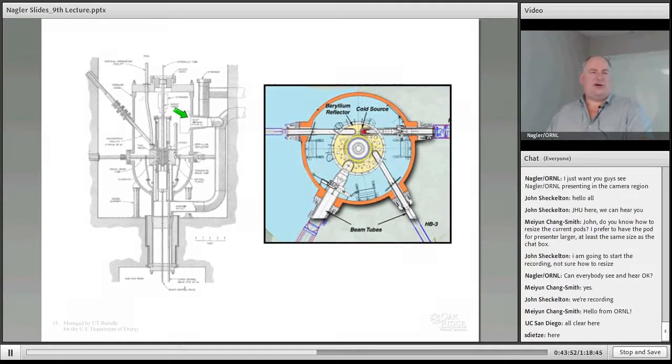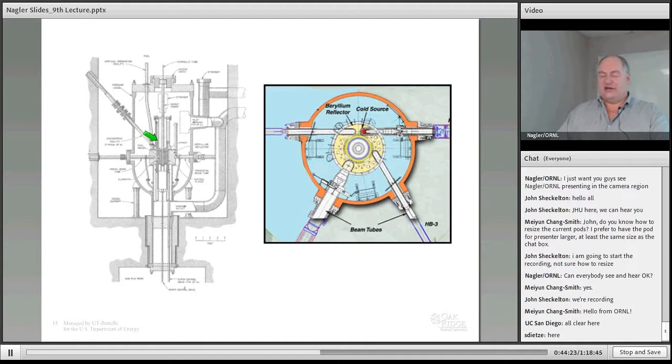Here's a cutout of the High Flux Isotope Reactor at Oak Ridge. This shows you a side view, and in here is the fuel element and the control mechanism. This isn't a good enough picture to see that in detail, but this entire assembly is about the size of a typical garbage can, or a large wastebasket, more or less.